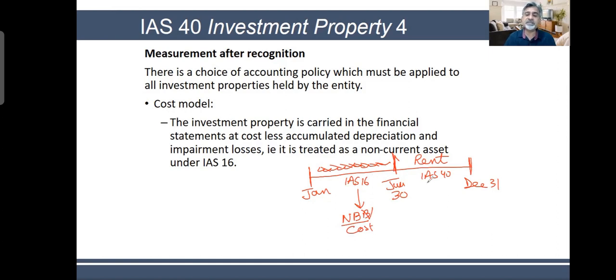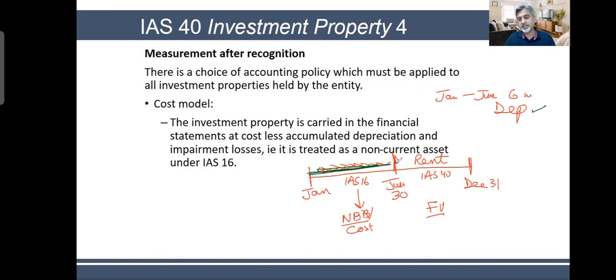But when I converted it to IAS 40, I should be doing it on fair value. So two things you should remember. Number one, from January to June, the 6 months, depreciation you should calculate, because for the first 6 months, this asset was under IAS 16 and you were using it. So 6 months depreciation must be calculated.